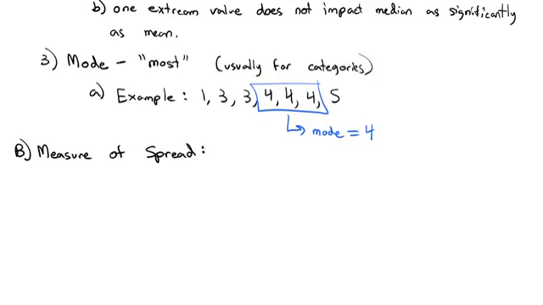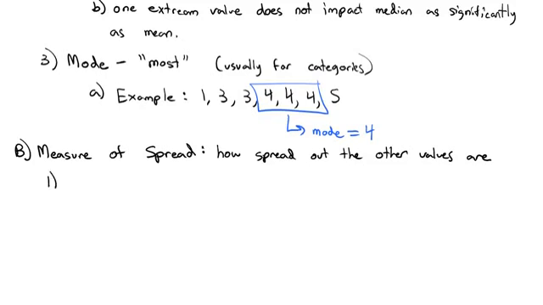It tells us more than just the middle. It tells us how spread out the other values are. Not just where the middle is, but how everybody else is behaving around the middle.